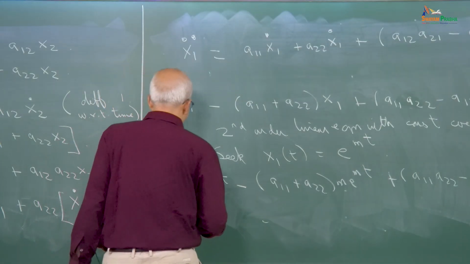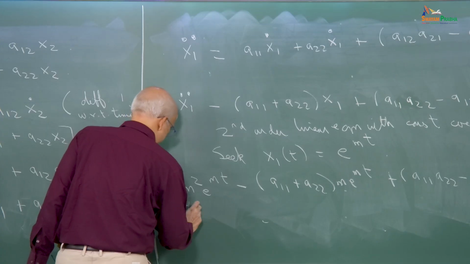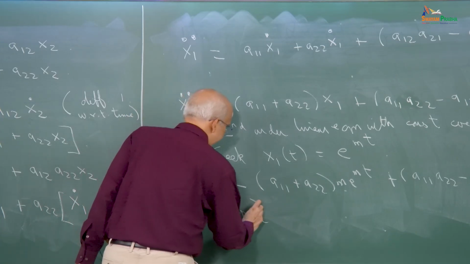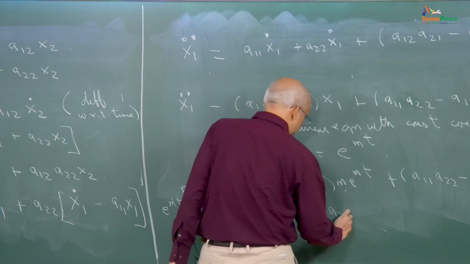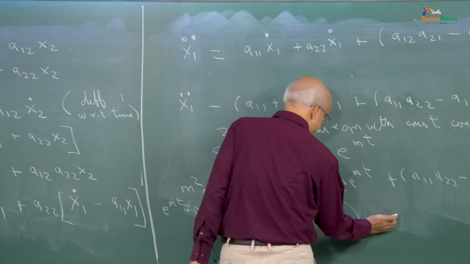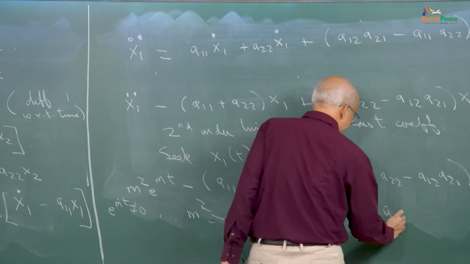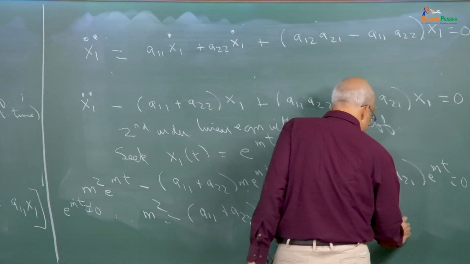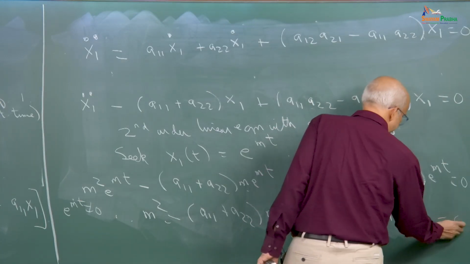Therefore, m squared minus (A11 plus A22) m plus A11 A22 minus A12 A21 equals 0.